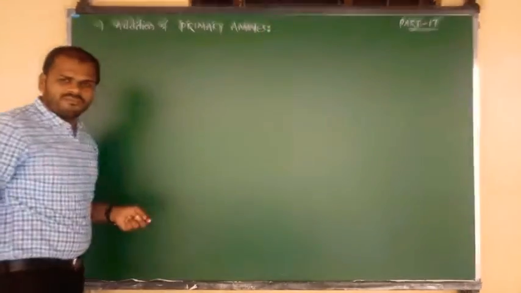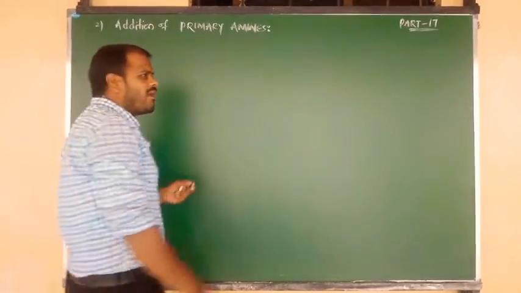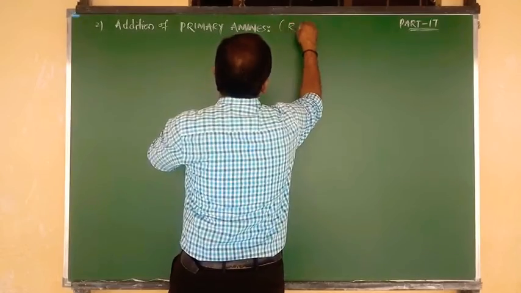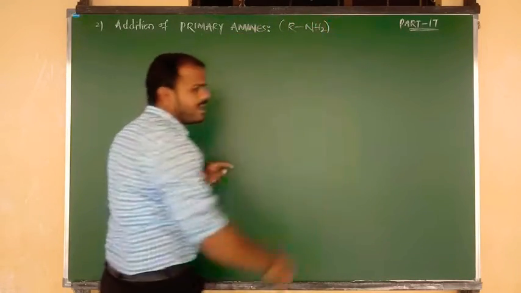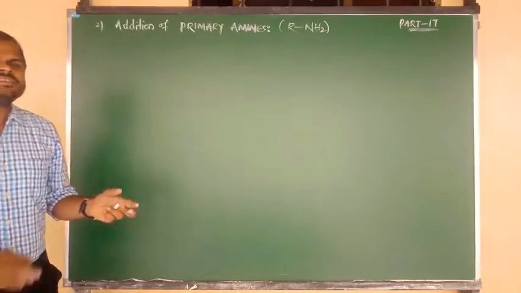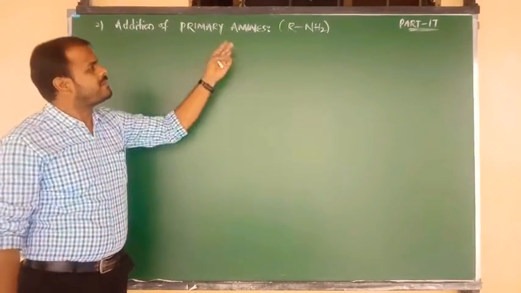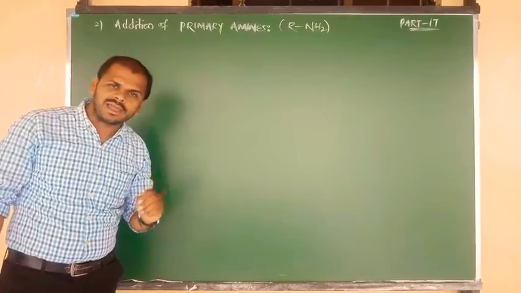What is the formula of primary amine? The formula of primary amines is R-NH2. So what will be the product by the addition of primary amine to aldehydes and ketones?